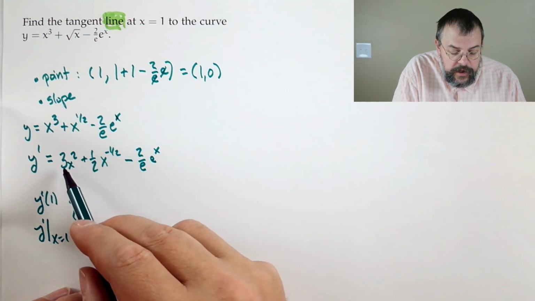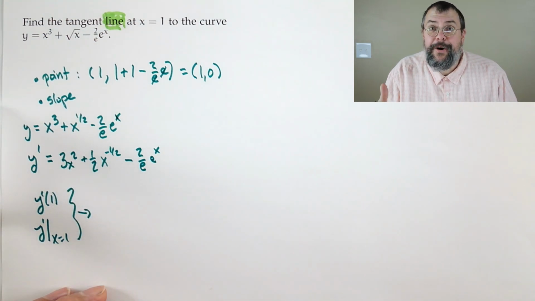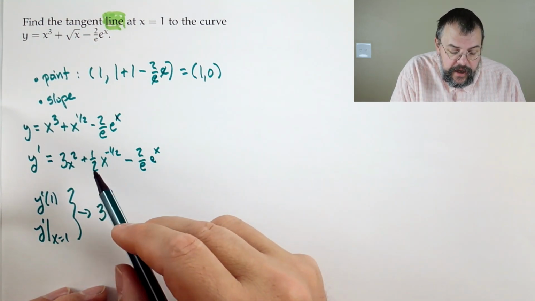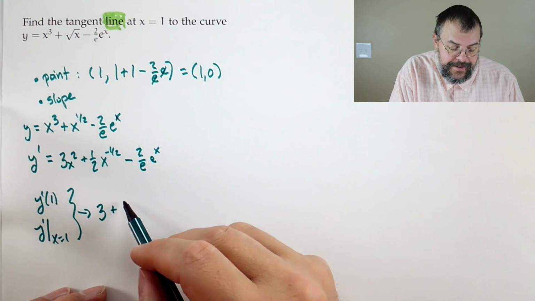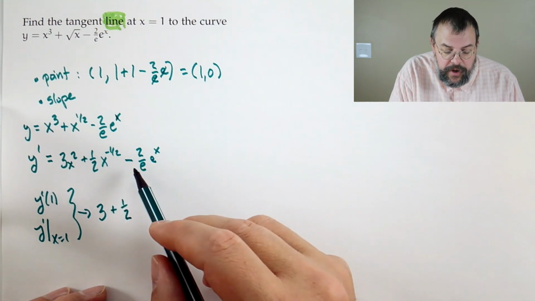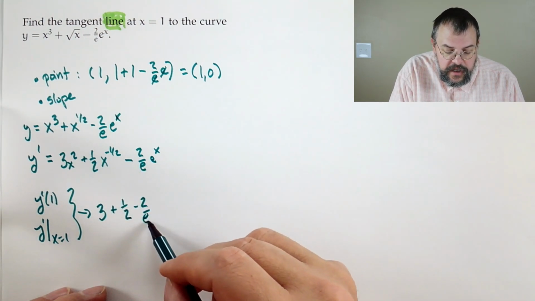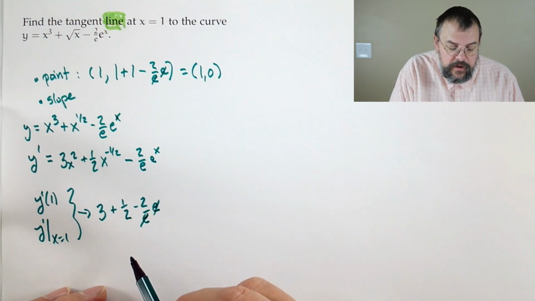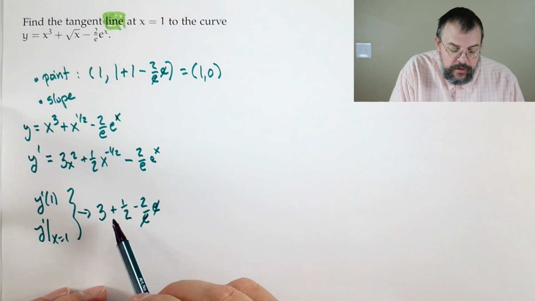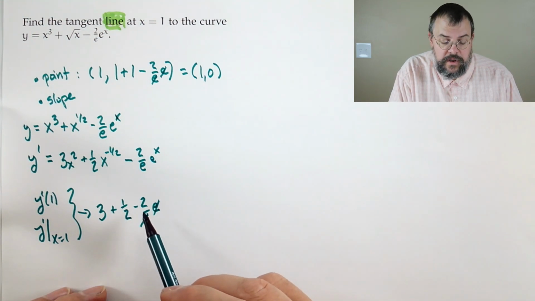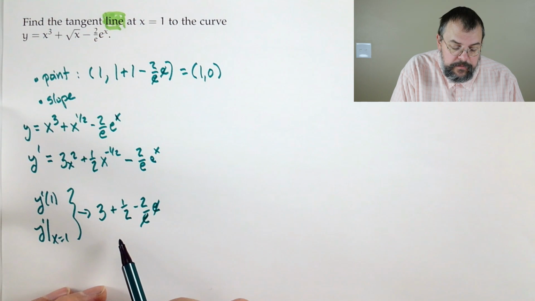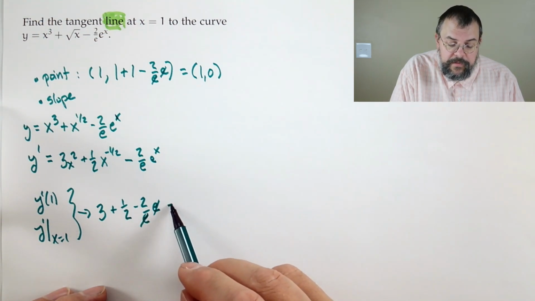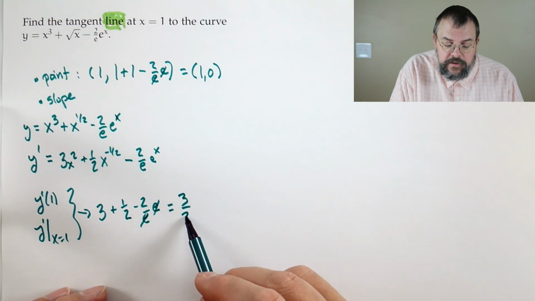We're getting 3 times 1. 1 to any power is 1. 3 plus 1/2 times 1, which is 1/2, minus 2 over e times e to the 1, which is e. The e's cancel. So we have 3 plus 1/2 minus 2. 3 minus 2 is easy. That's 1. 1 plus 1/2 is 1.5, which we often write as 3/2.